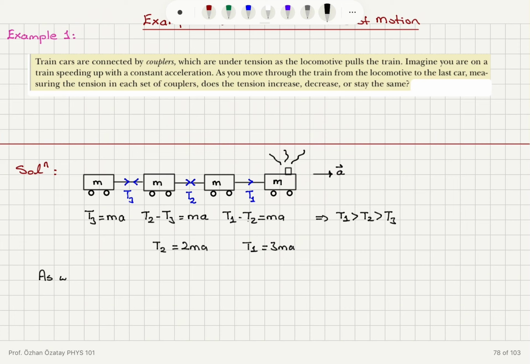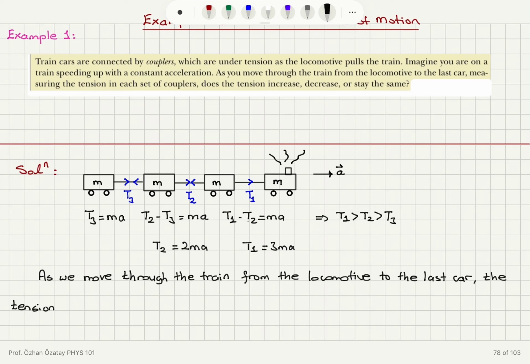As we move through the train from the locomotive to the last car, the tension in each set of couplers decreases.